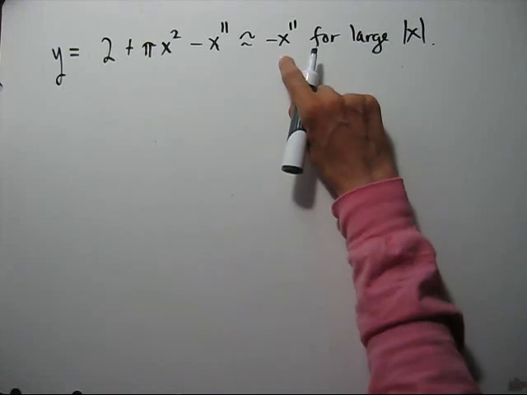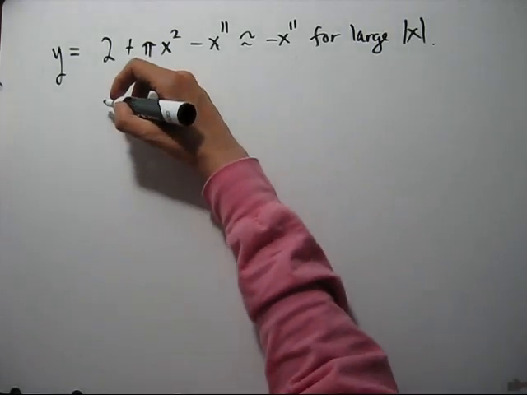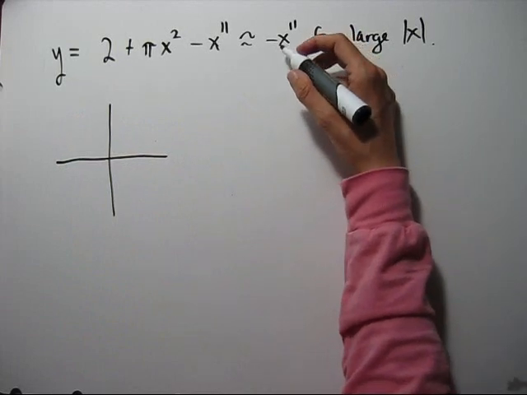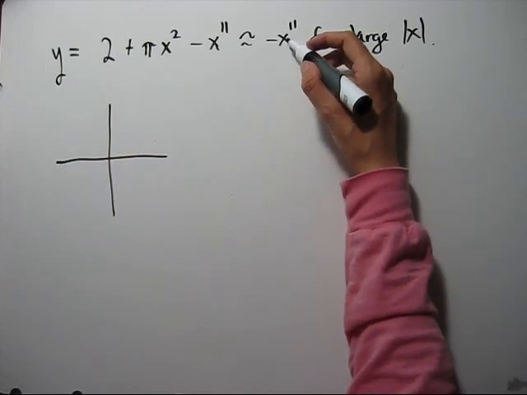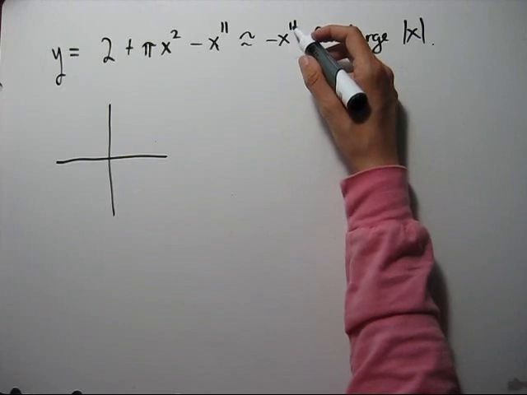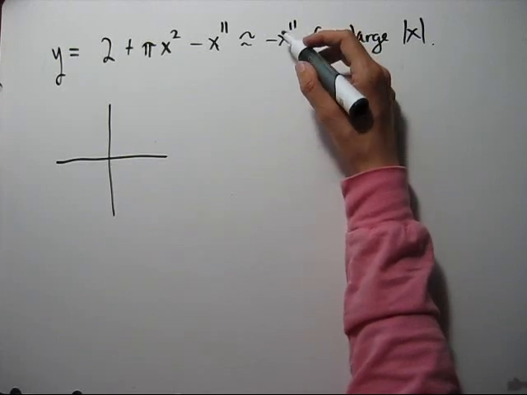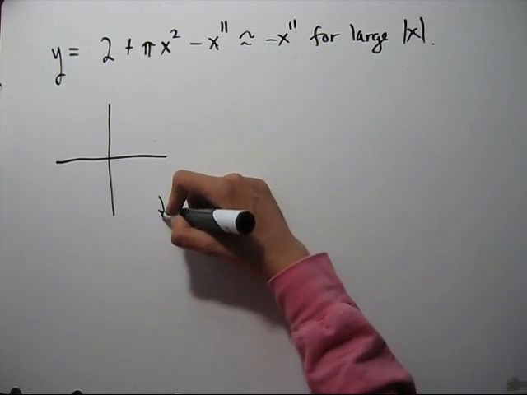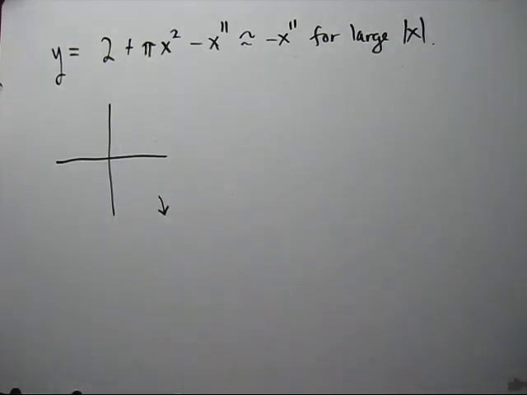So let's analyze the end behavior of negative x to the 11th. If we have a really large positive number and we take that to the 11th power, it will still be positive, but then we have the negative out front, which will make it negative. So we're going down.